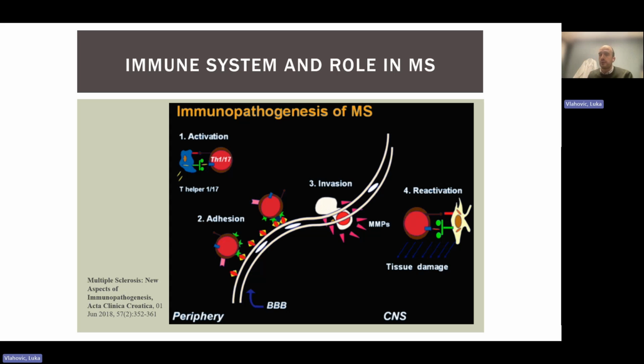There is also an important role of another lymphocyte beyond the T cell, called B cells. As I mentioned, essentially all disease-modifying therapy targets some of these steps in the pathophysiology, although overall disease pathophysiology is more complex than that.